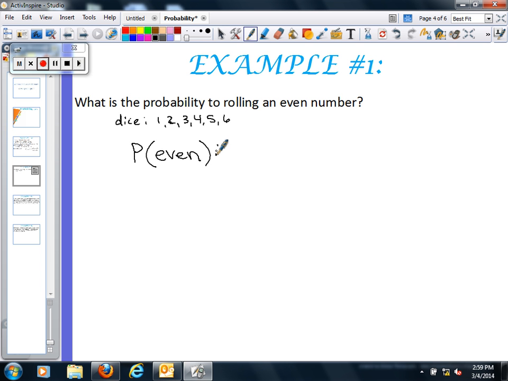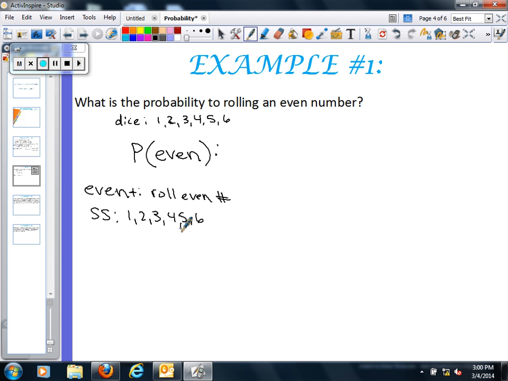So our event is to roll an even number. The sample space, which I'm going to abbreviate SS, is what are all possible outcomes? Well, all possible outcomes are all these numbers.